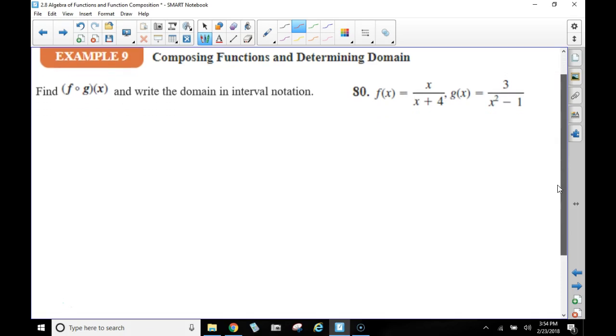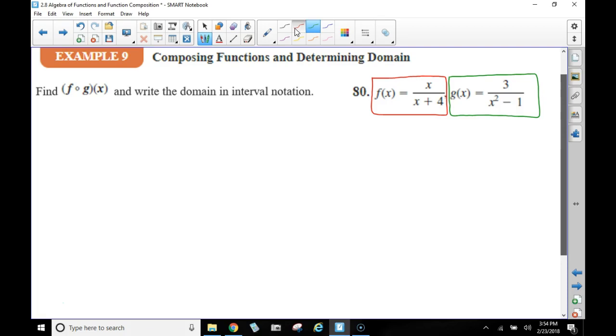So on example 9, let's look at f composition g of x, and also we will write the domain in interval notation. Let's have f of x. There it is. It's x over x plus 4. And g of x will be 3 over x squared minus 1.